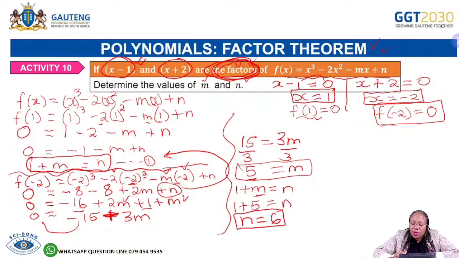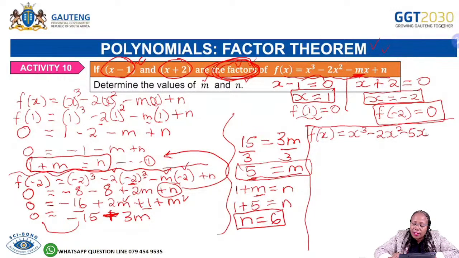So remember, you can write the correct f at x function for this. It will be f at x equal to x cubed minus 2x squared minus 5x, and the value of n is 6, therefore plus 6 there. That is the real f at x function for us.